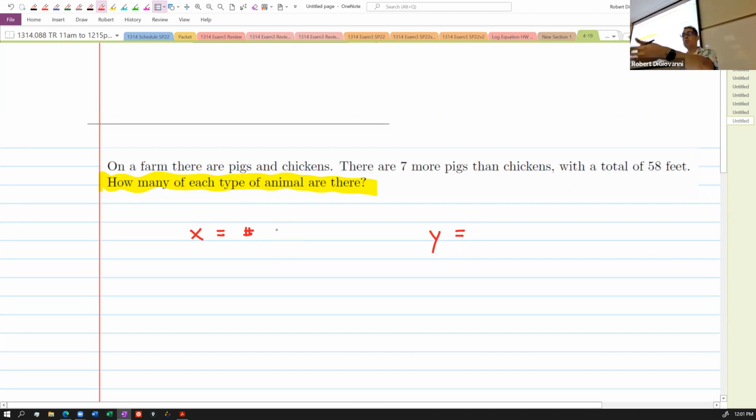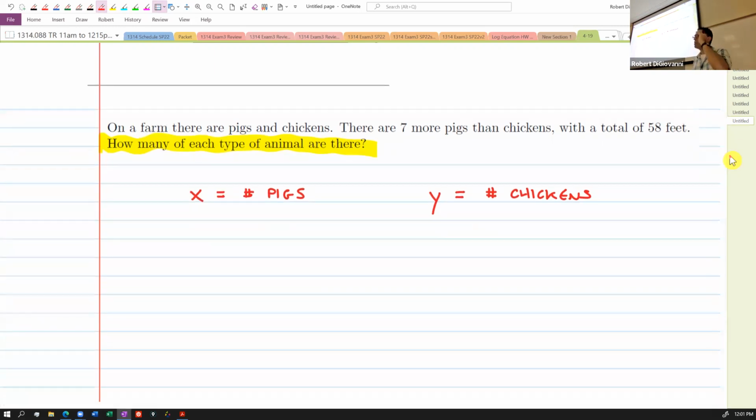If you get an answer of 2, 2 what? Make sure you put that in your answer. So you said we're doing number of pigs for X and number of chickens for Y. Who has our first equation? Who wants to give the first equation? One.